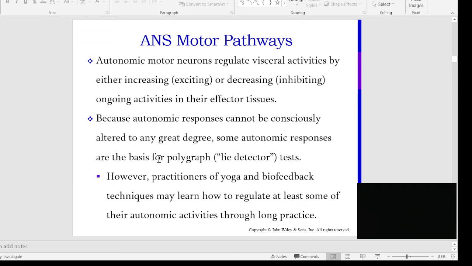Even a yoga practitioner, a yogi master, could stop their heart from beating for about 3 minutes.